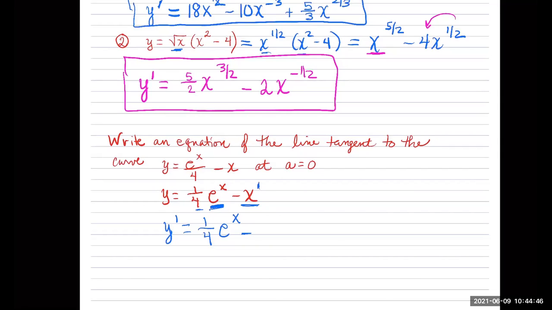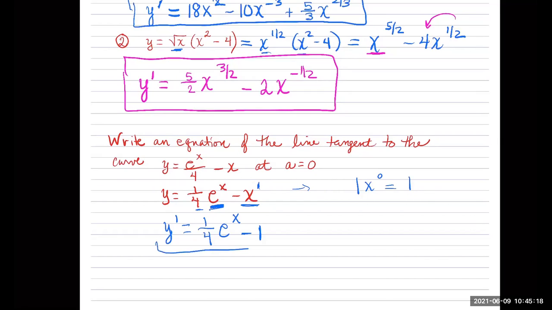So what do I get when I take the derivative of that? Good, 1 x to the 0. And x to the 0 is equal to what? 1. Good. So the derivative of x to the first is just 1. But x to the 0 is just equal to 1.